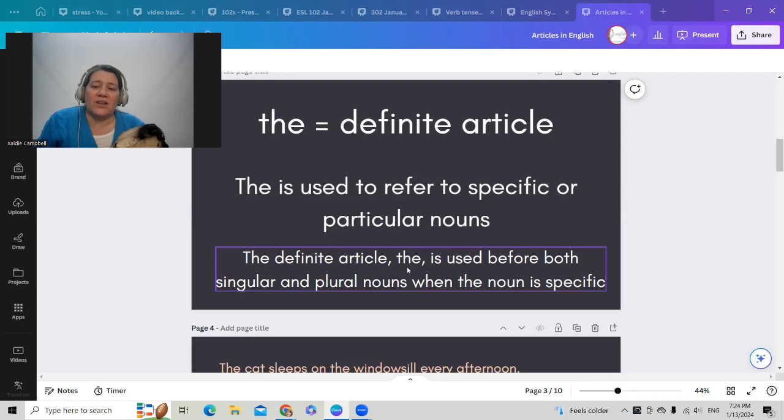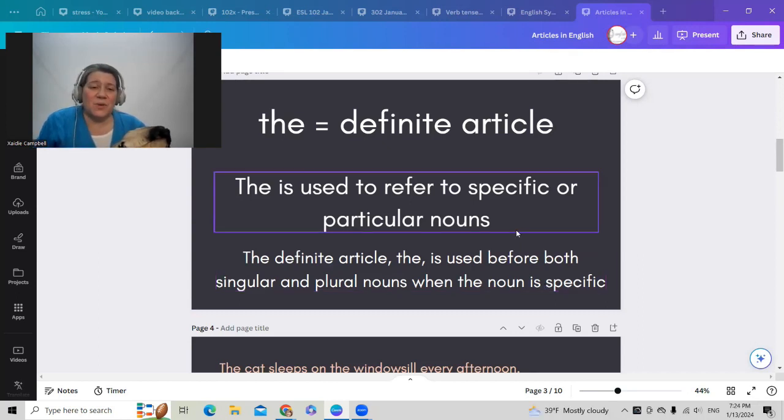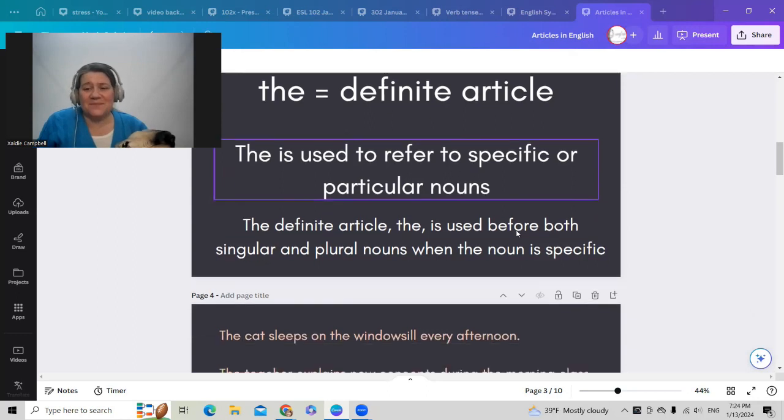The definite article, the, is used before both singular and plural nouns when the noun is specific. I actually have two dogs, and when I go somewhere, I always have to worry about the dogs. Where am I going to leave them if I have to go overnight? I have to worry about the dogs.